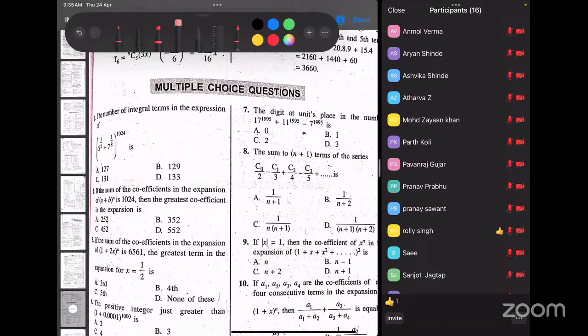Okay. Next, if the sum of coefficients in the expansion of a plus b raised to power n is 1024, then the greatest coefficient in the expansion is?